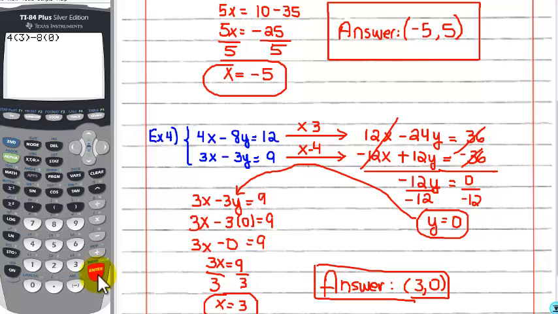And if it is correct, I should get a 12. And I did. So that matches what I was expecting. Let's try the next one. 3 times 3 parentheses 3 minus 3 parentheses 0. And I should get a 9. So let's see if that's correct. And yes, it is. So I know that is the right answer.